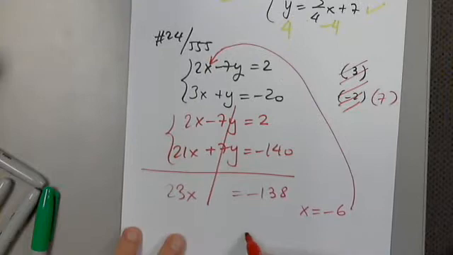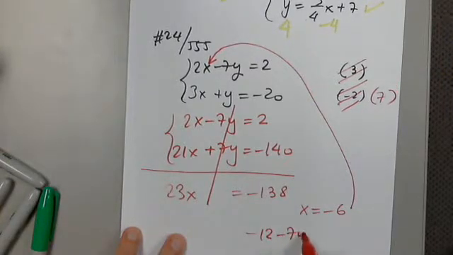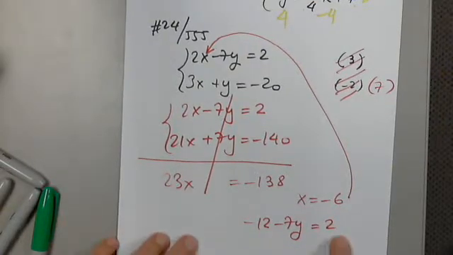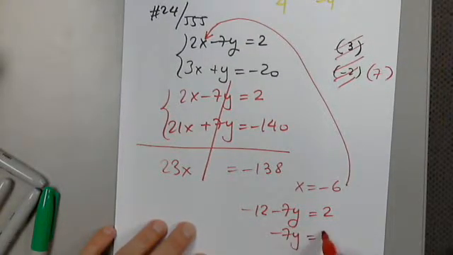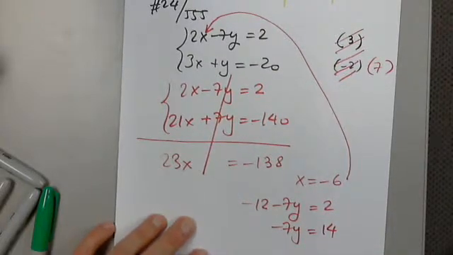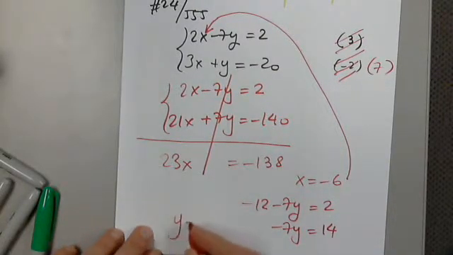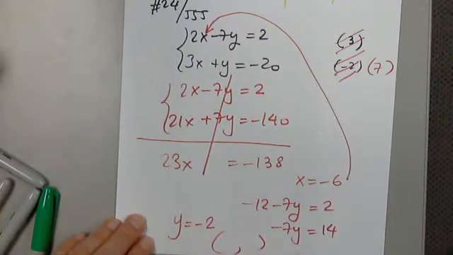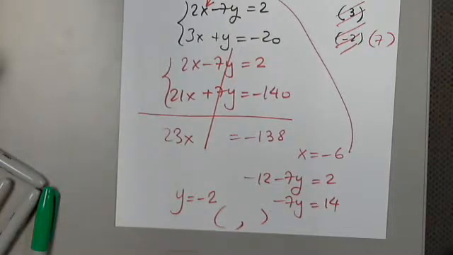So I have negative 12 minus 7y equals 2. I will move negative 12 to the other side because it's linear, and I will divide both sides by negative 7, so I get, not x, but y equals negative 2. So then, the ordered pair is?